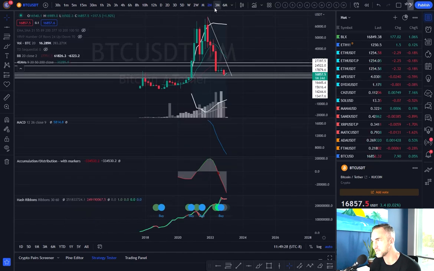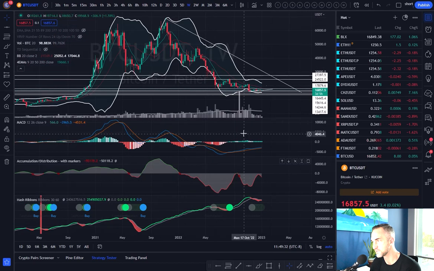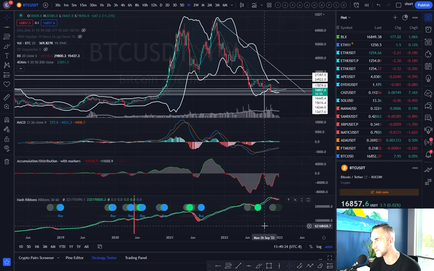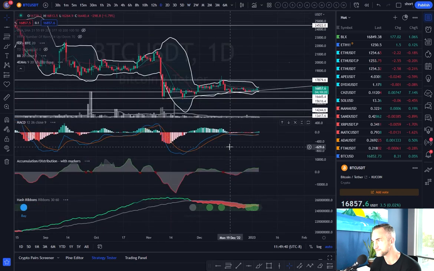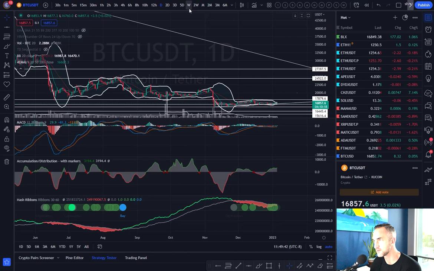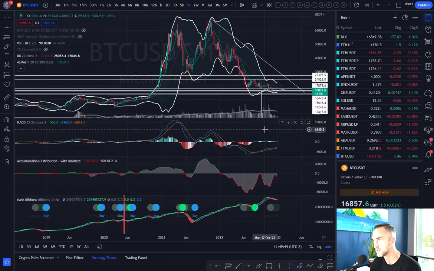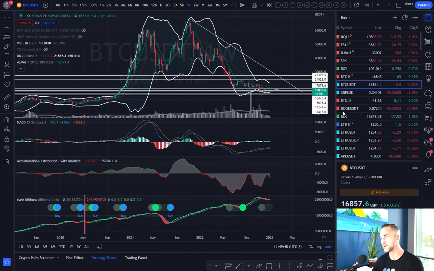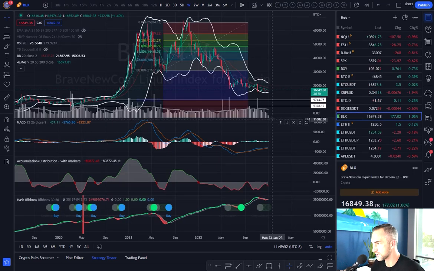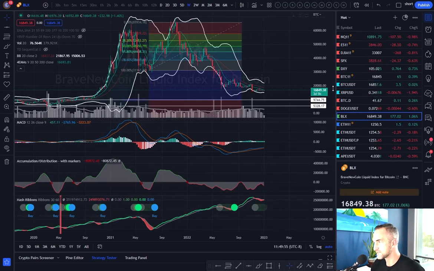Was it the daily or the weekly I was looking at for the accumulation distribution indicator? Was it the monthly? Yes, it is the monthly. Okay, so, wow, we're losing the curvature a little bit, but this is still negative.